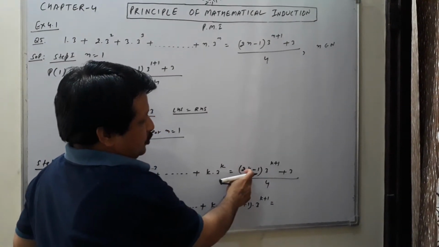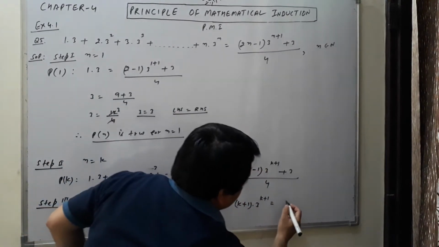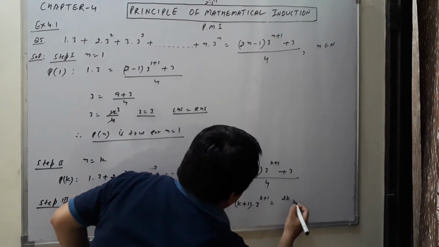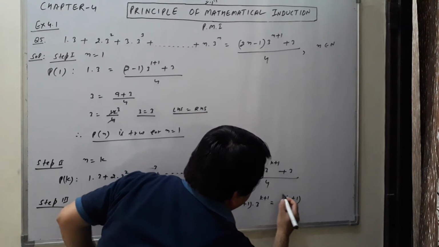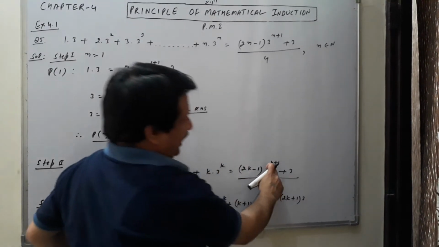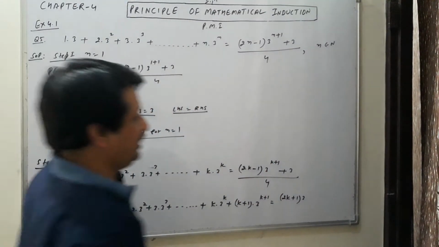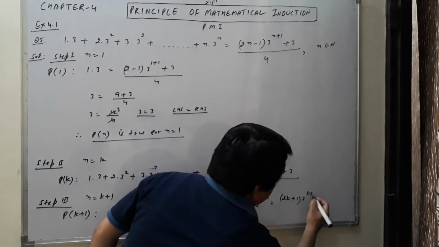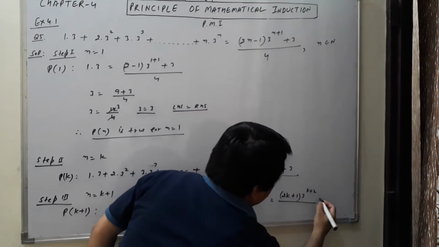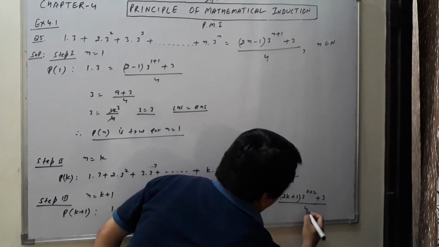So it will come as 2k plus 2 minus 1, means this is now 2k plus 1, 3. While you will change this k as k plus 1, it will come as k plus 2 upon, here is plus 3 upon 4.